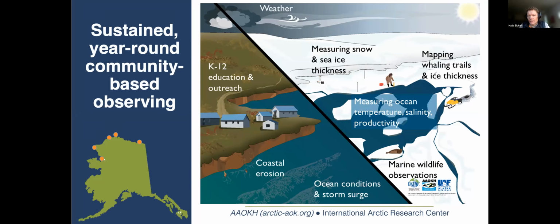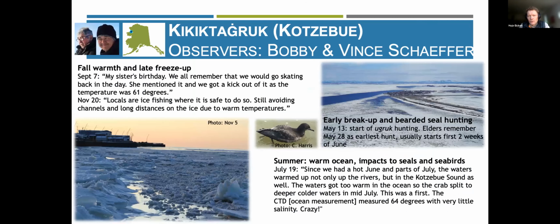More than 7,000 observations that are accessible through a publicly available database. If you visit the Arctic AOK websites, you'll see more of that. So they've been conducting a range of different observations that may be of interest, some of them for this group as well. Here are some observations from Qikiqtaguk or Kotzebue by Bobby and Vince Schaefer to Inupiat ice experts for the 2019 season.